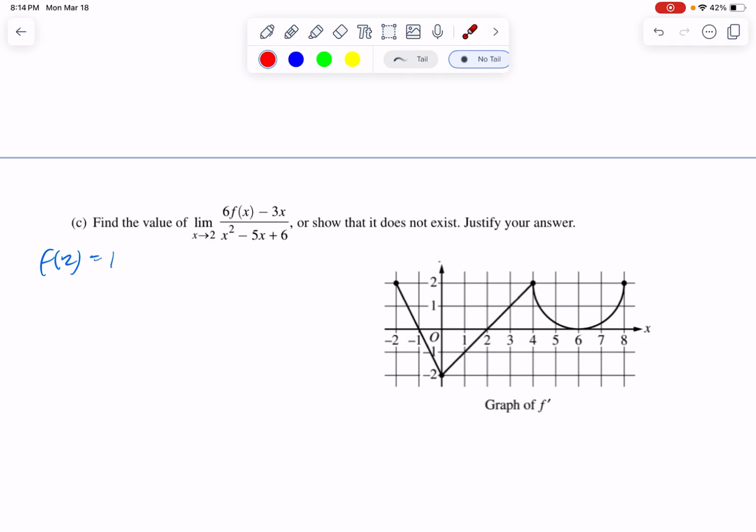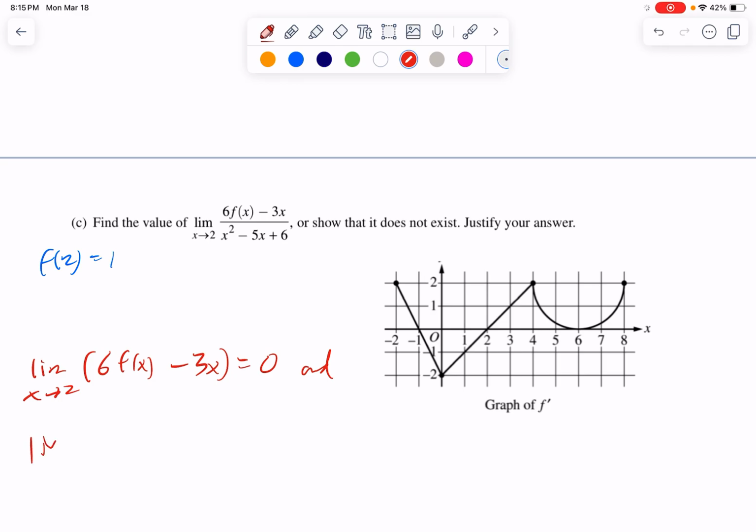We'll use L'Hopital's rule. And the AP is very picky about this. If you're going to use L'Hopital's rule, you want to unambiguously present why you're allowed to. So we will write formally the limit of the top function equals 0, and the limit of the bottom function also equals 0.